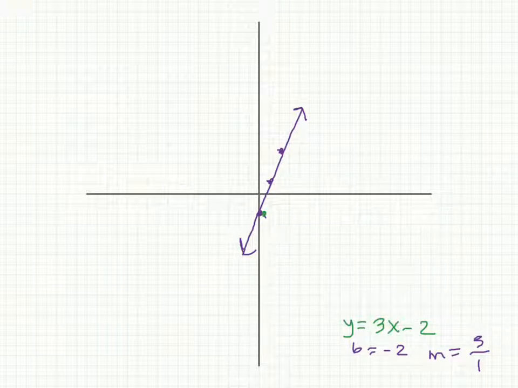We have this first point, our y-intercept, at 0, negative 2. Our second point that we found using slope is up at 1, 1. And our third point up here is at 2, 4. 1, 2, 3, 4. Yeah, 2, 4.